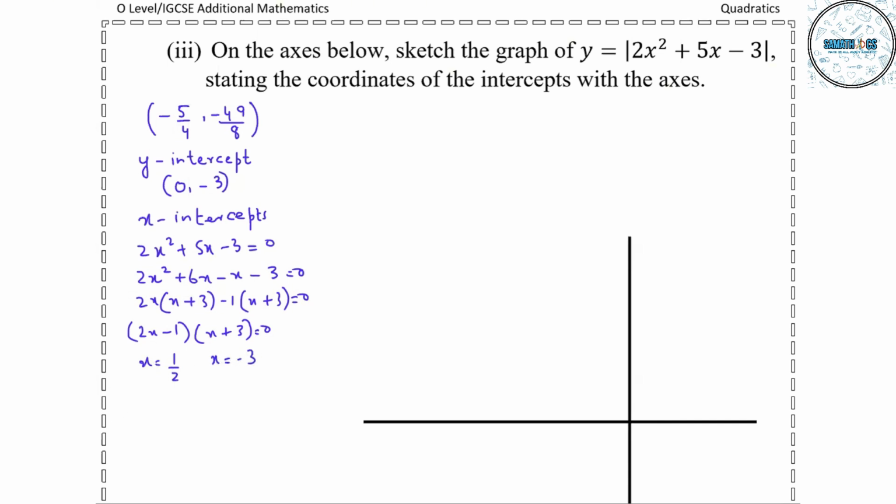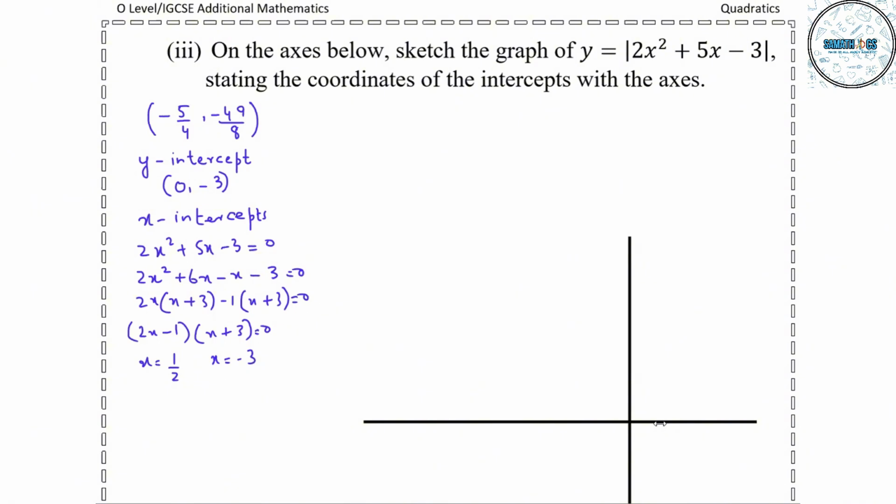Now, as we have to draw the graph of an absolute function where the function is quadratic, first of all, we have to draw the graph of this quadratic function. We have taken out the y-intercept, x-intercepts, and turning point, so we can easily sketch the graph. We have 1 upon 2 and minus 3.